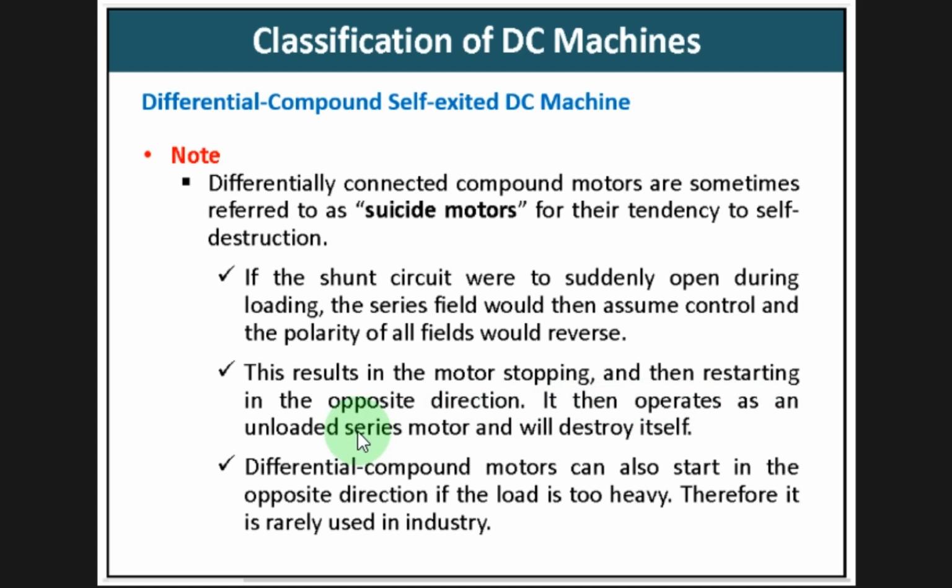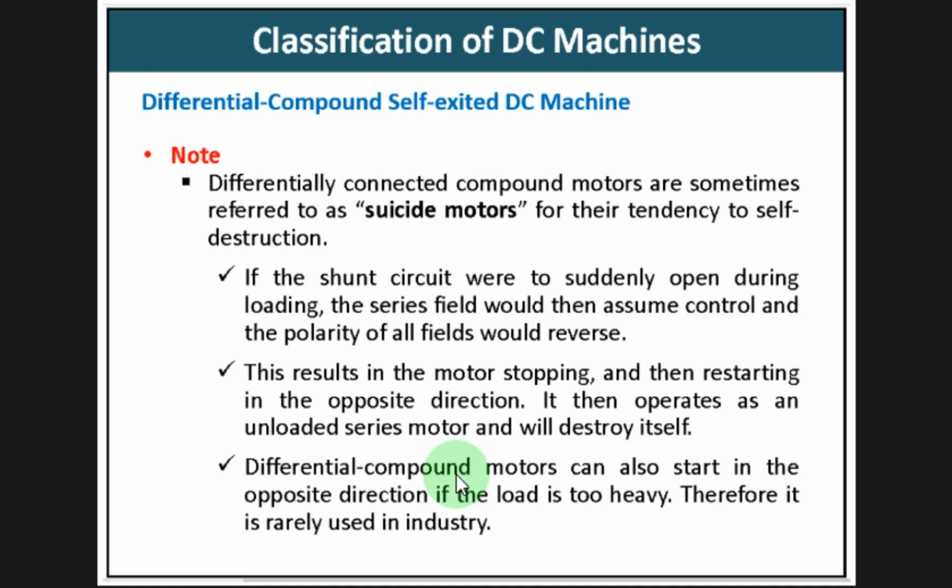It then operates as an unloaded series motor, because the load was in the other direction but now it is rotating in the direction of the load. Unloaded series motors, we said earlier, have a very large armature current and therefore destroy themselves. So differential compound motors can also start in the opposite direction if the load is too heavy.